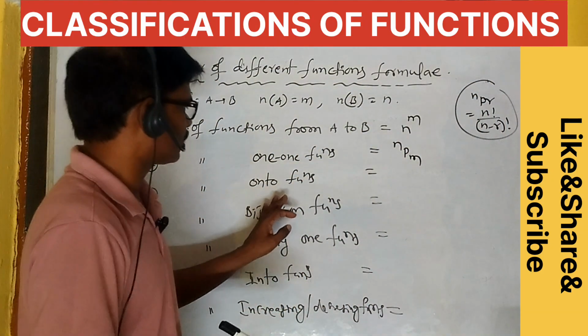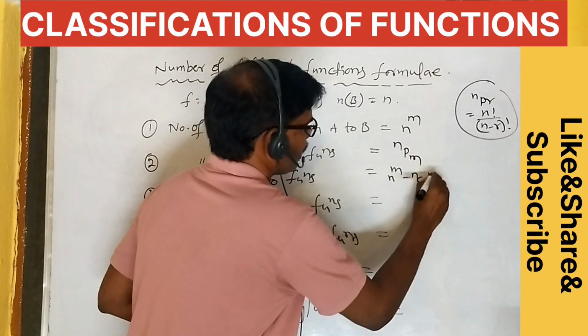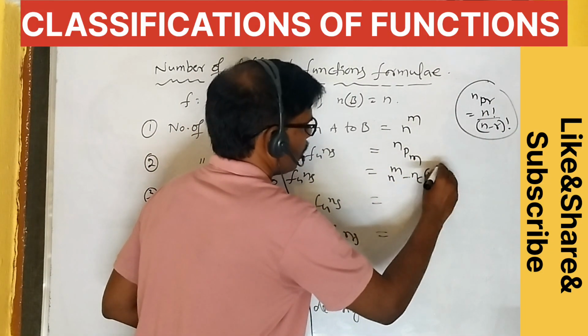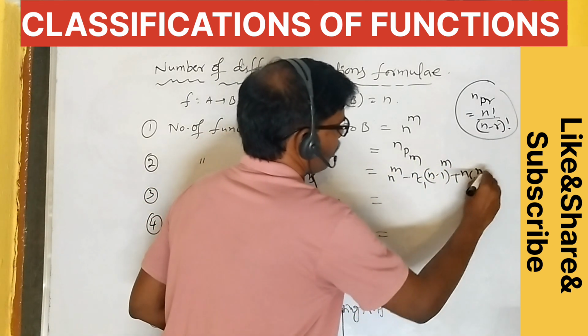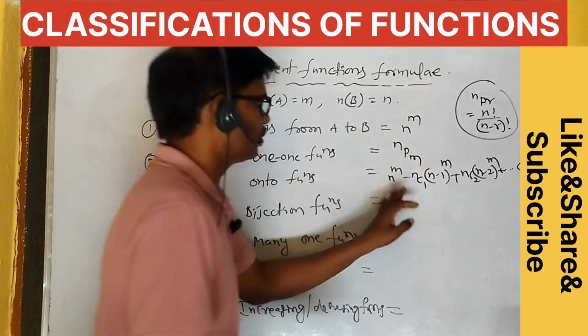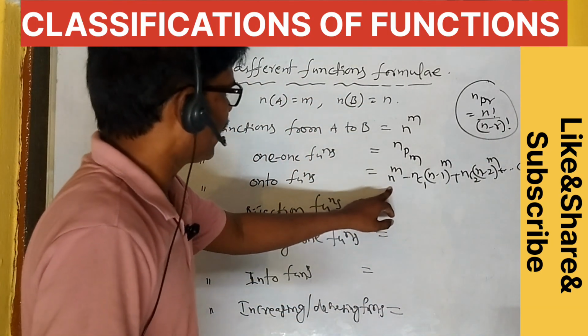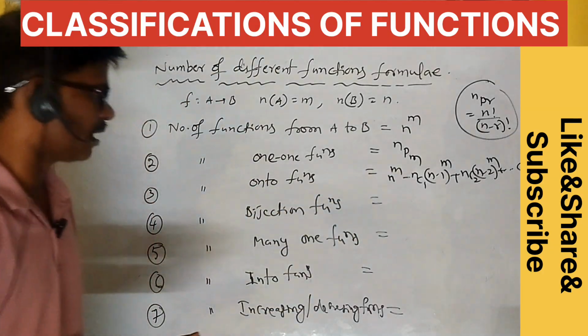The number of onto functions is n power m minus nC1 (n minus 1) whole power m plus nC2 (n minus 2) whole power m, and so on up to 0, subtracting these values. This is the number of onto functions.